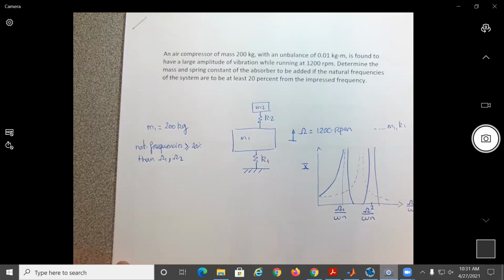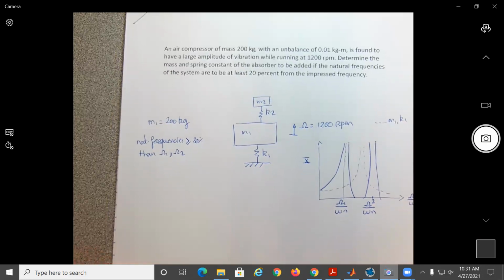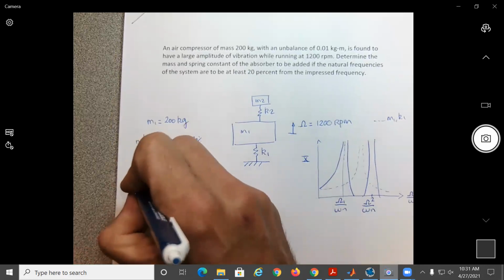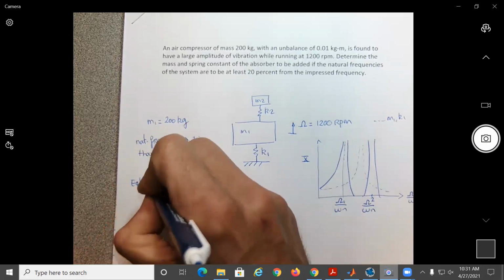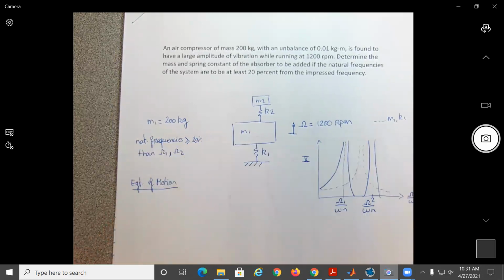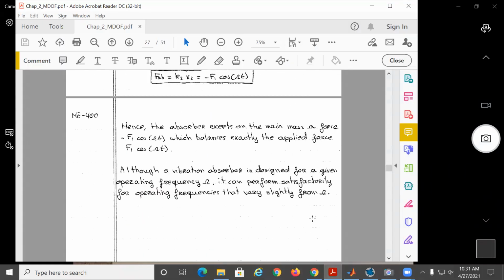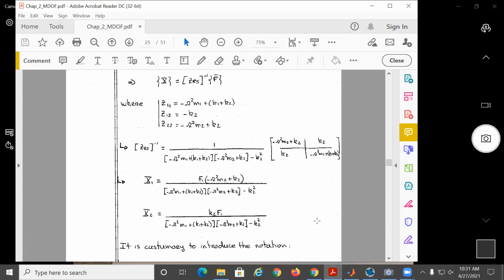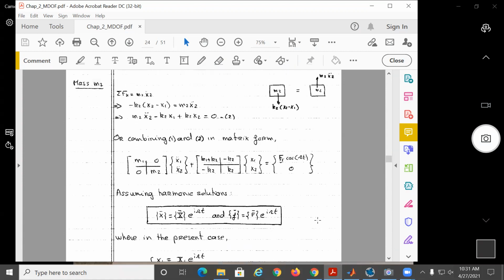All right. So what we can see over here is the equation of motion for the system. Again, you don't need to redo the whole derivation. You can just copy from the solutions. So the solution of this system, so you know exactly what's happening, will be of which form?